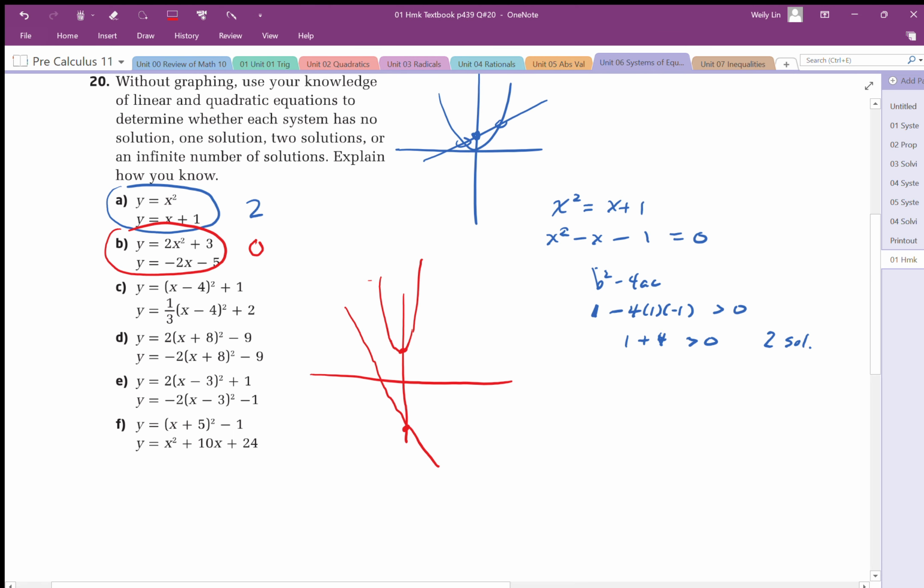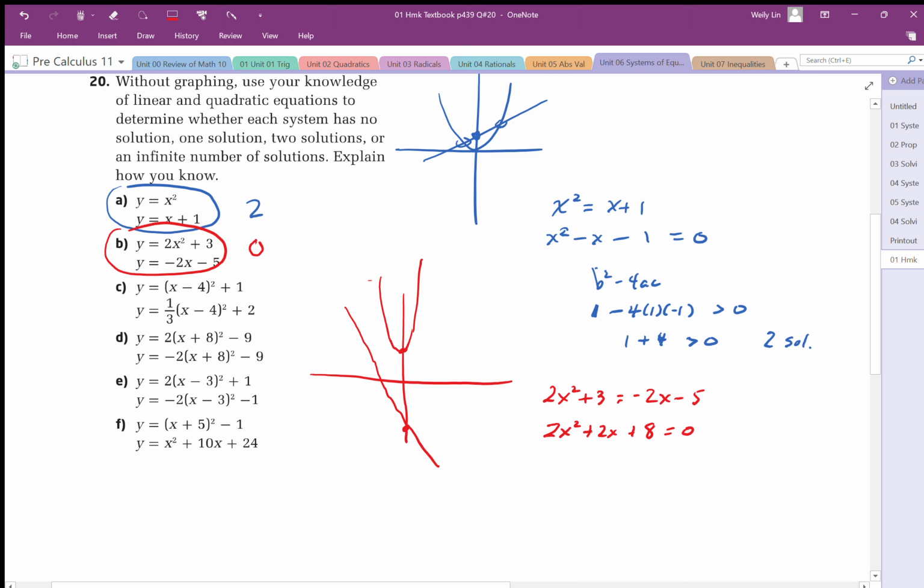Again, we could test this by writing the quadratic equation. The visual is definitely going to be a little bit easier and quicker to do, but the discriminant also allows us to determine how many solutions. So we end up with 2x squared plus 2x plus 8 equals 0.